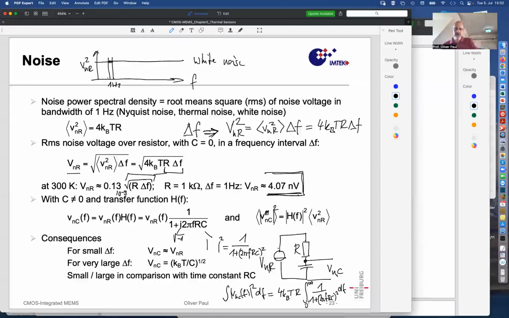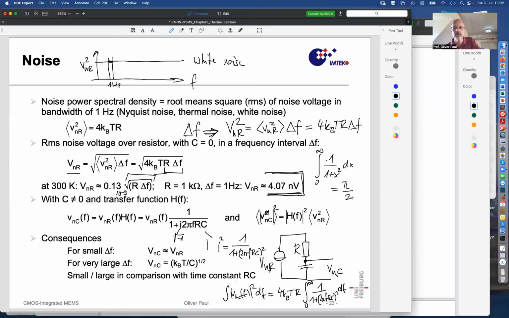And this is essentially for a wide band system that looks at how much is the voltage at the output of the system over all frequencies, and out comes a number that can be calculated. And if I checked before, the integral of 1 over 1 plus x squared dx from 0 to infinity is equal to, what was it?